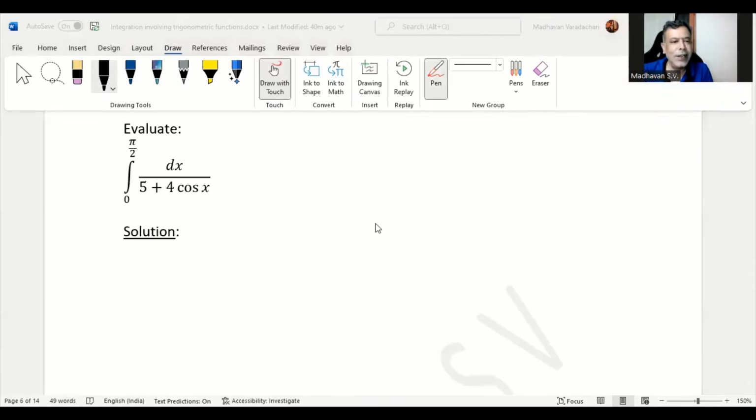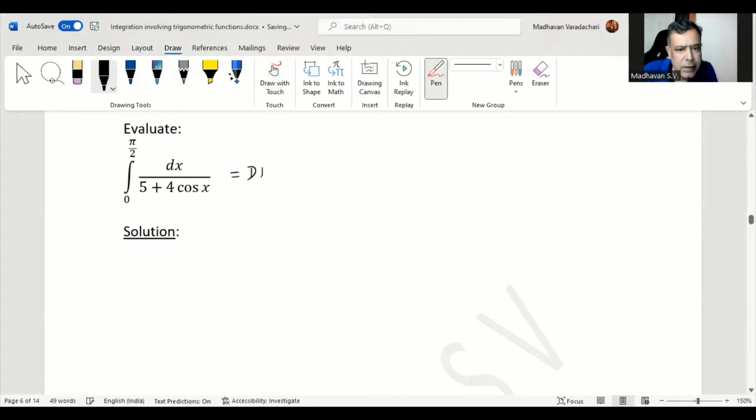In this, we need to evaluate a definite integral ranging from 0 to pi by 2, dx divided by 5 plus 4 times cos x. So we'll first call this as DI, which indicates definite integral, which means our I, that is indefinite integral, will become integral dx divided by 5 plus 4 times cos x.